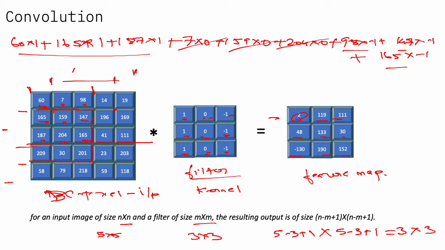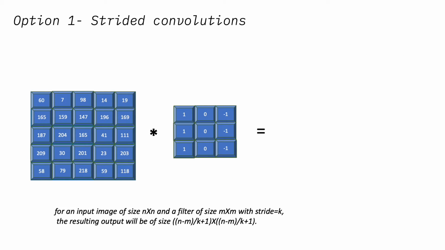That said, we're going to move on to another option that we have within convolution. So let's move on to strided convolution. In the previous slide, we saw how the input image was 5 cross 5, and then your output feature map was 3 cross 3, right?